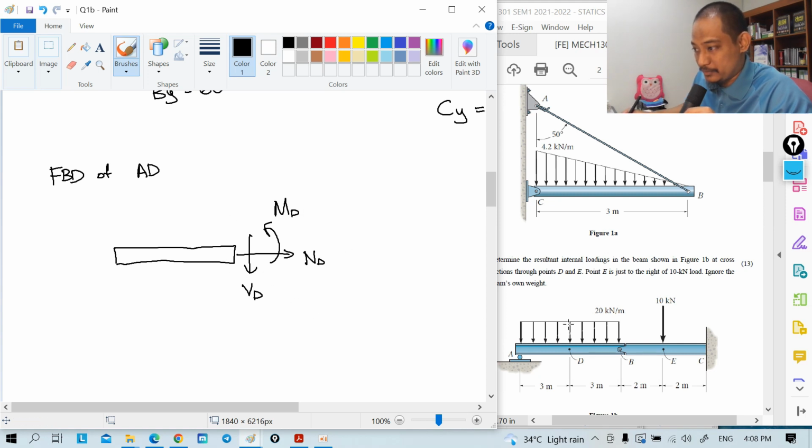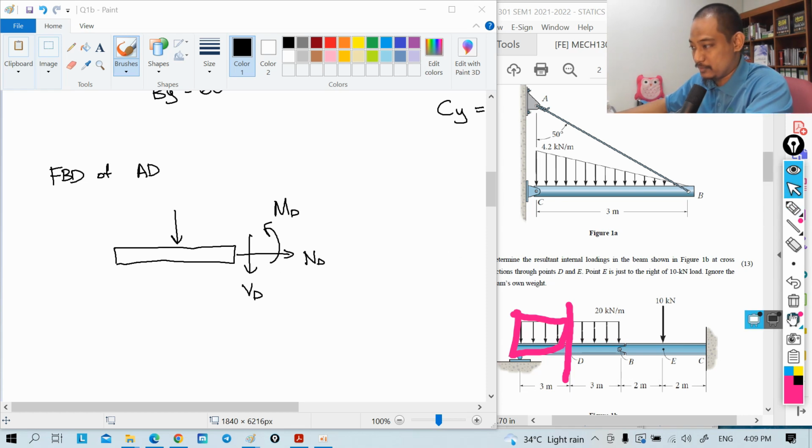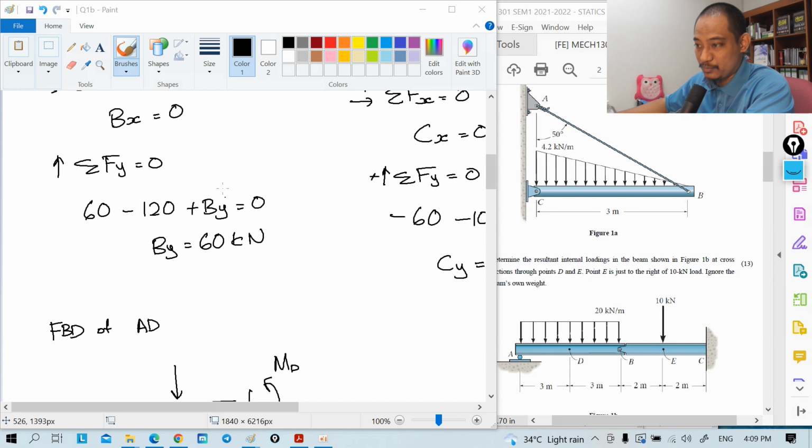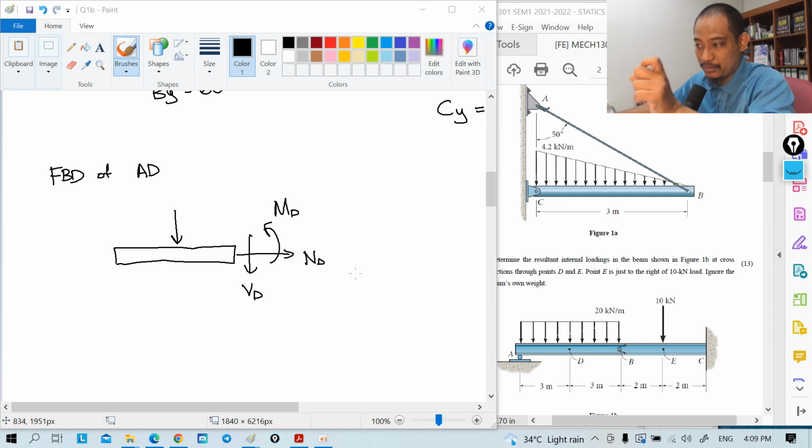So from this operation, we have this force here, but this is from this half part. After you divide, the distributed loading is not from the origin, it's from this part only. Do not straight away use this 120, because this 120 is the whole thing. You have to recalculate for that portion only.